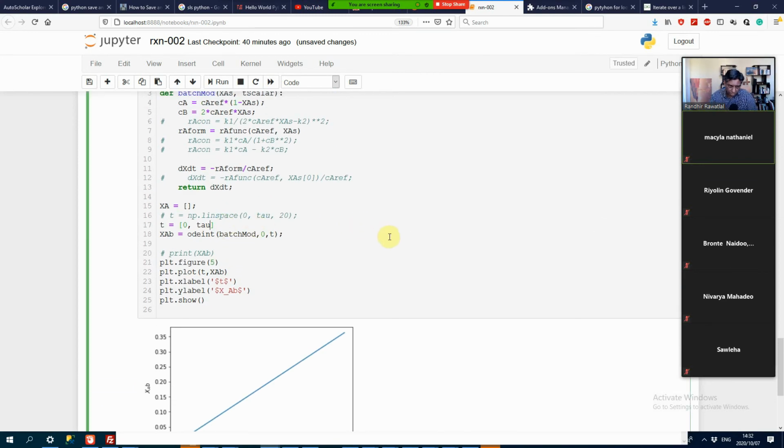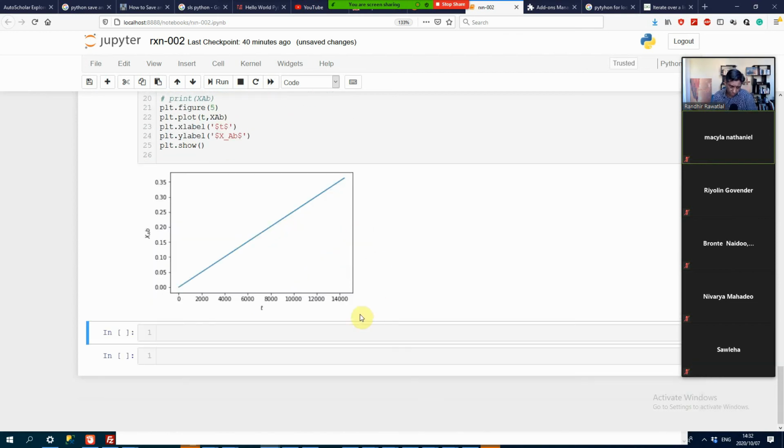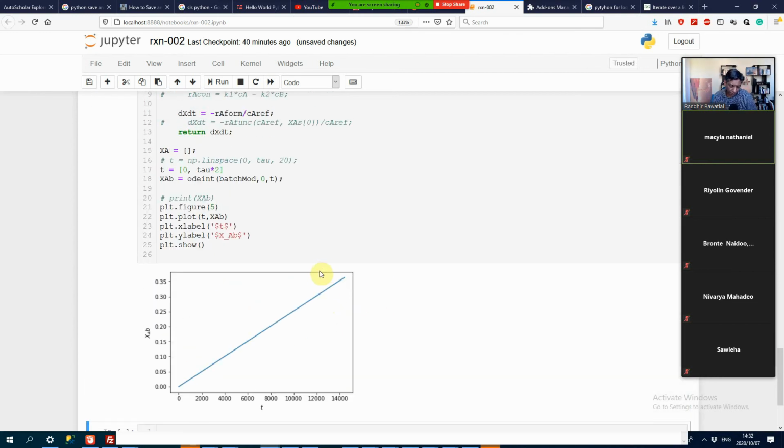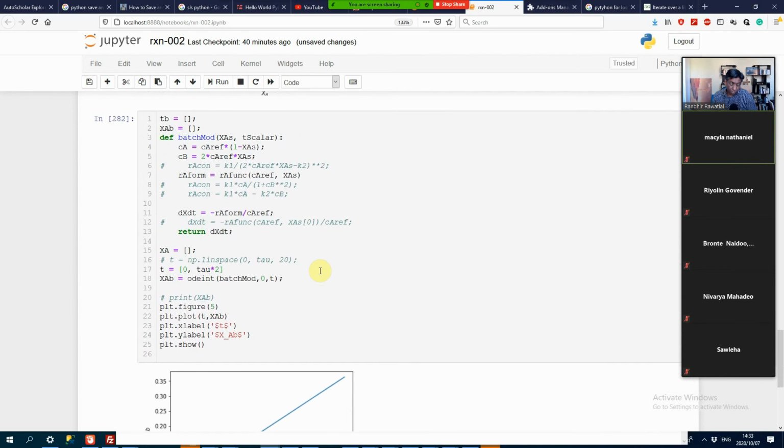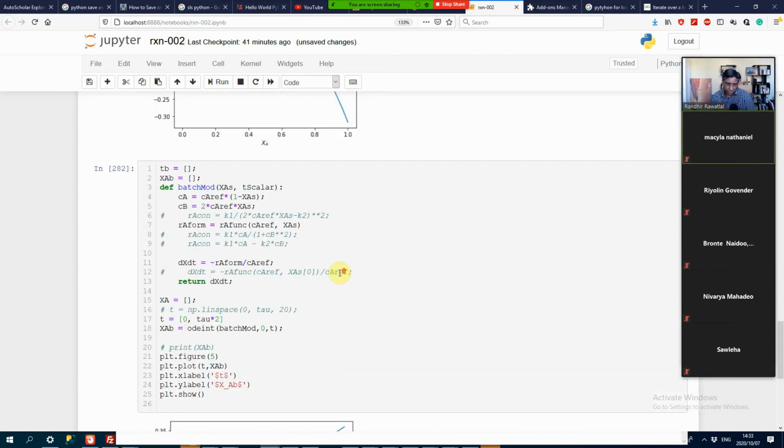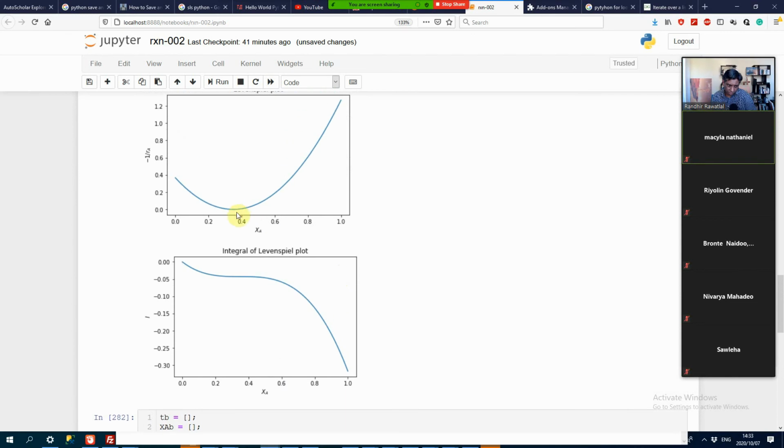I'm not convinced that's right there. So times 2 is getting to the right thing here. Well, that's conversion. So it might well be.